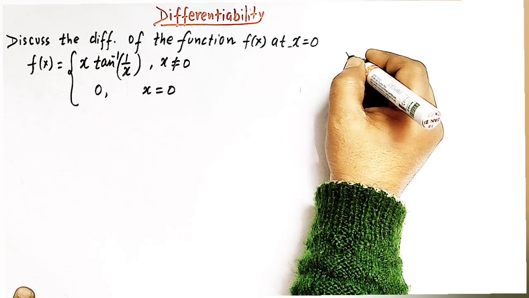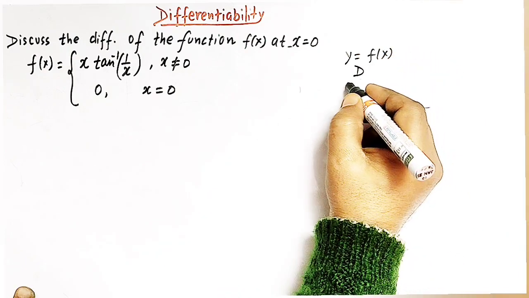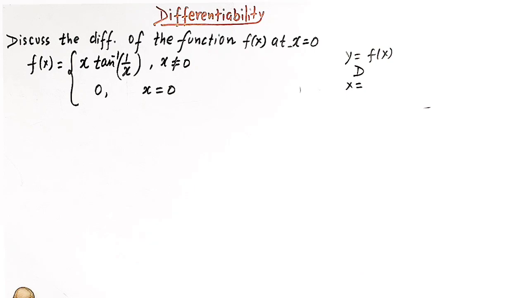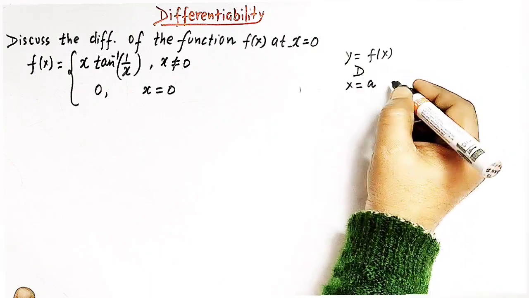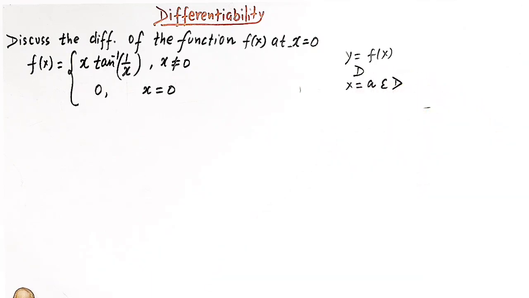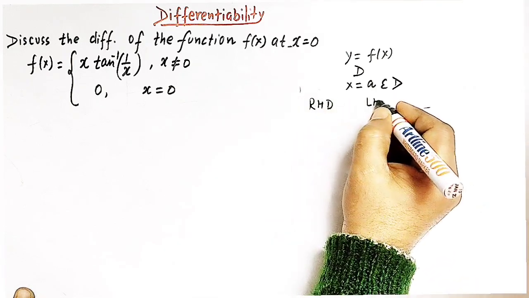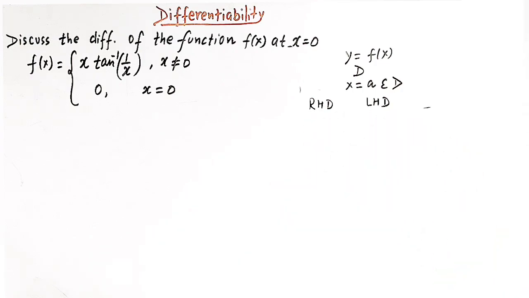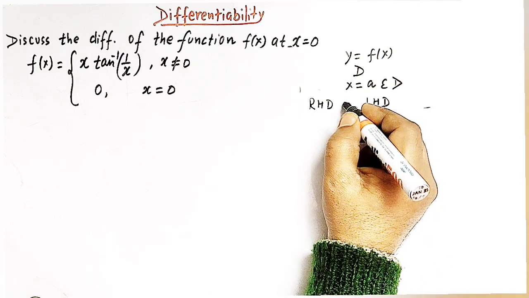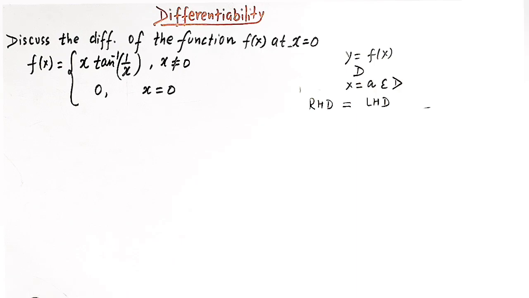Now suppose we have a function, say y is equal to f of x, which is defined in some domain D, and suppose we wish to test the differentiability of the function at some point x is equal to a belonging to this domain D. Then we have to find out the right hand derivative and the left hand derivative. Now, if the right hand derivative and the left hand derivative both exist and they are finite and they are equal to each other at x is equal to a, then we can claim that the function is differentiable.